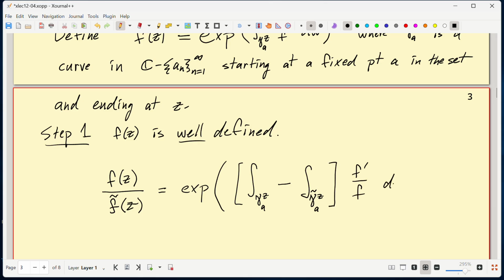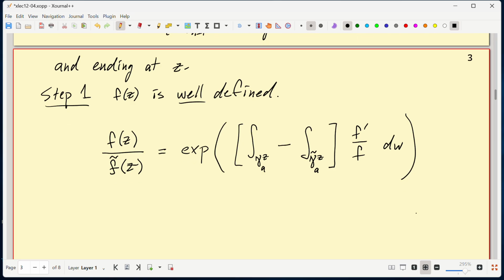So some of the homework problems where I give you hints, you're going to be doing this sort of trick. And when you think about this now, this is a closed curve. So I would take gamma to be equal to go out by one and go back by the other. It's a closed curve, and of course it doesn't go through any of the poles.